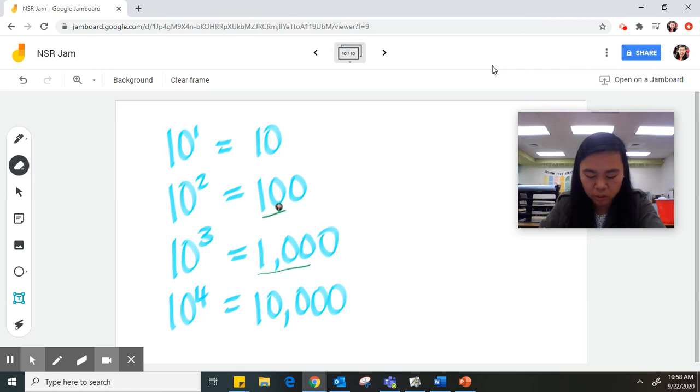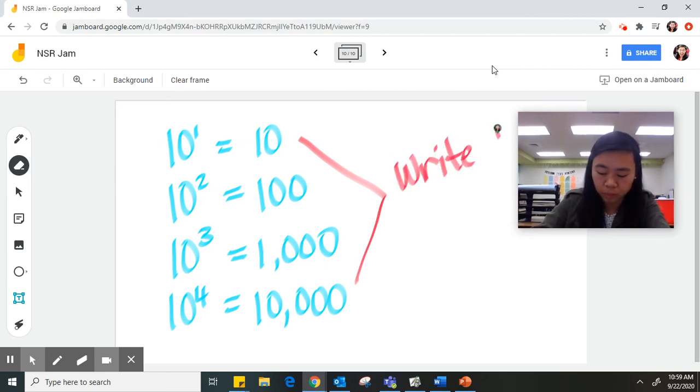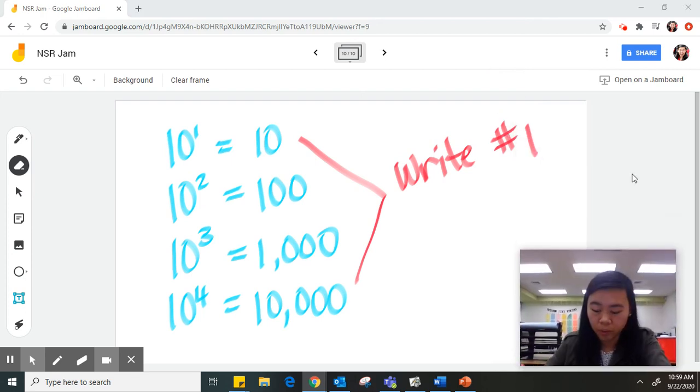All I did was I added another 0. So you'll notice the little trick here is that if you see 10 raised to any exponent besides 0, we know anything to the 0 power is 1. All you have to do is write the number 1, and then look at your exponent.